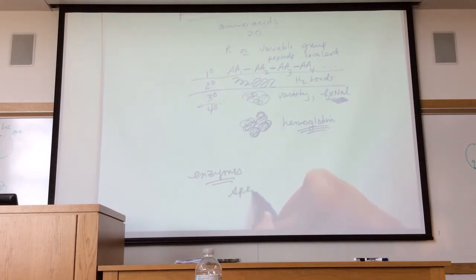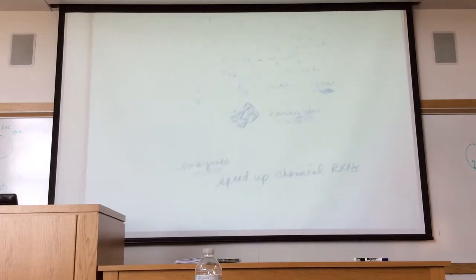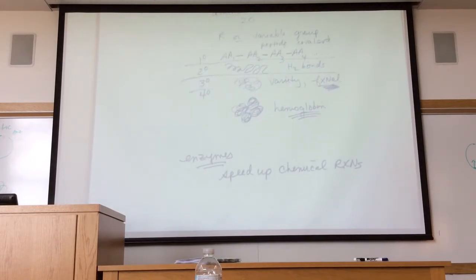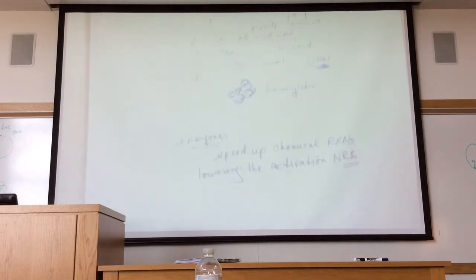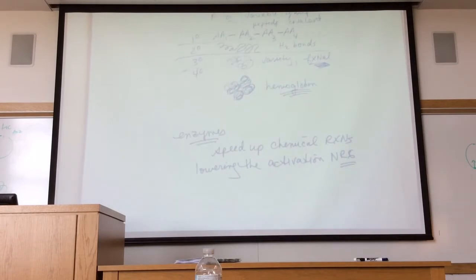They speed up chemical reactions, and they do that by lowering the activation energy. It's the energy that's necessary to start a chemical reaction. So they lower how much energy is necessary to start the reaction, and reactions can proceed faster.